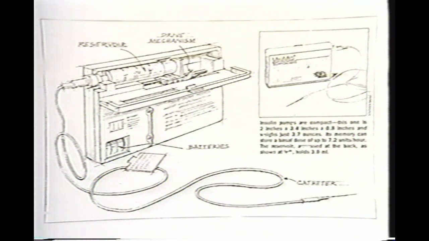In the pump is a syringe that contains usually about 3 milliliters of insulin. Depending upon the client's insulin needs, this is probably enough for 2 or 3 days worth of insulin. And you can see that there's a catheter, and there's various kinds of needle or catheter arrangements.